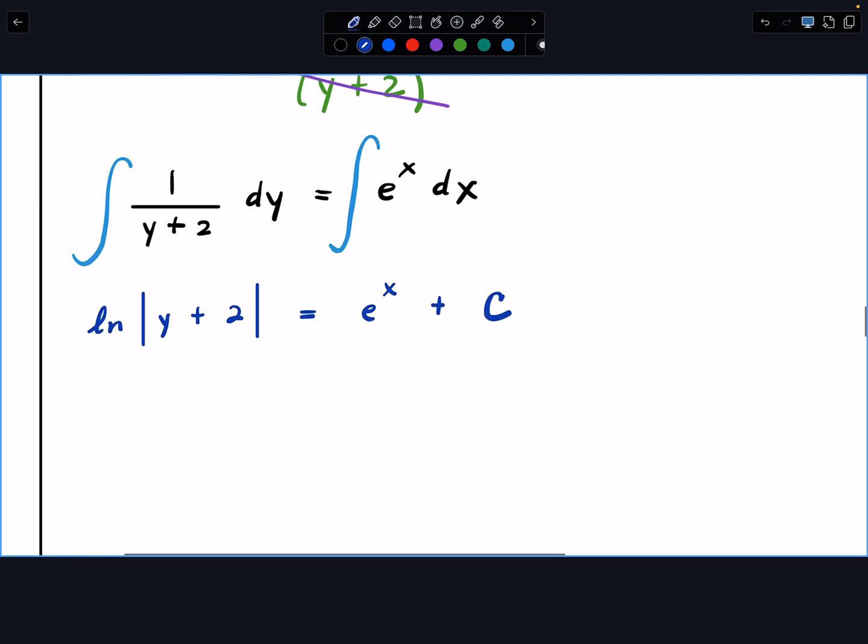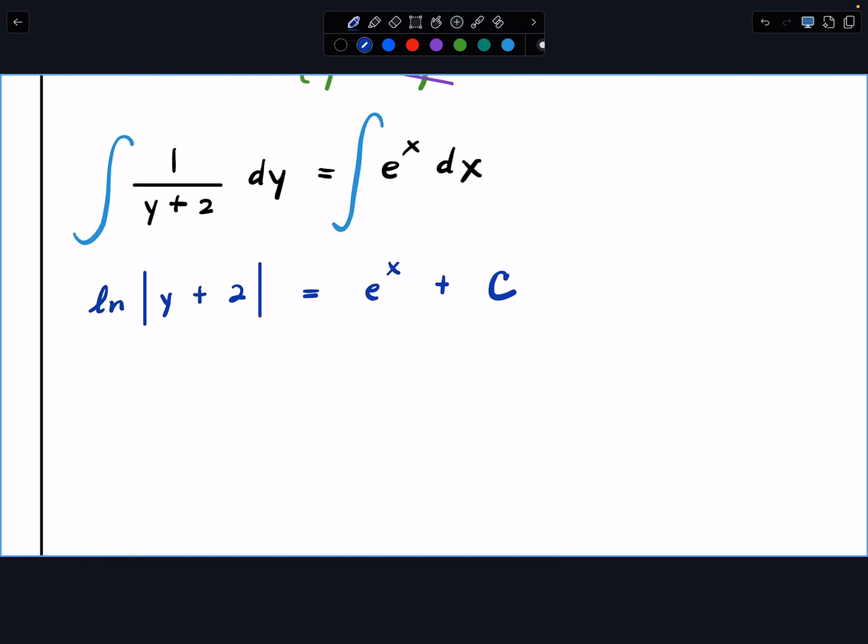All right. Now, things are going to get really weird right here. Before we figure out what y is, let's plug in our initial condition. What am I plugging in for x? 0. And what am I plugging in for y? 1?